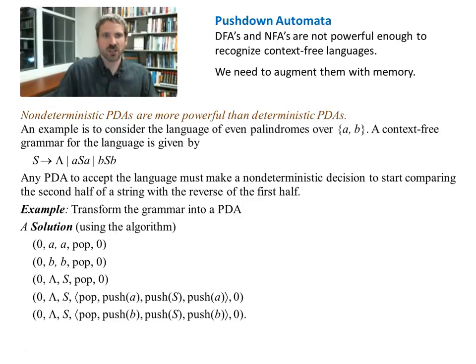So you can picture this as a beautiful multi-bifurcation. It just keeps breaking apart. Every single new character you receive, you have to assume that's the midpoint, and then start checking to see if it's the same on those.